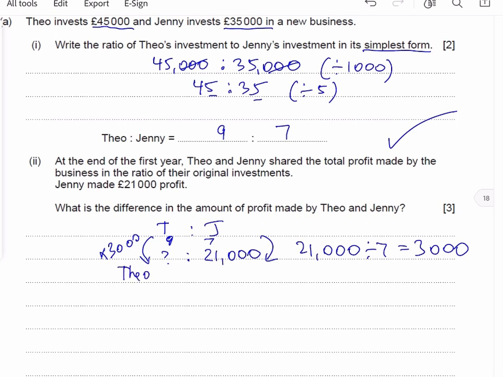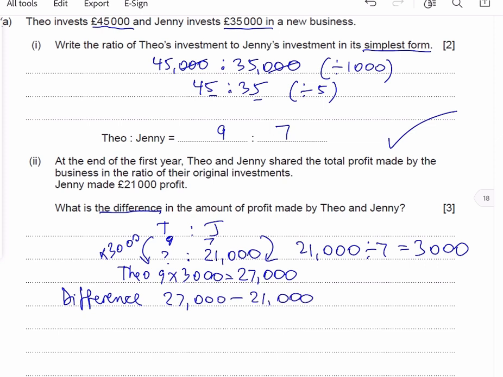We're going to divide it by 7 to get one part in the ratio, that is 3,000. And for Theo, we're going to multiply it by 9 because he's got 9 parts, and that gives us £27,000. So we need to find a difference. So there is one more step here. Just find the difference between these two amounts, which is £6,000.